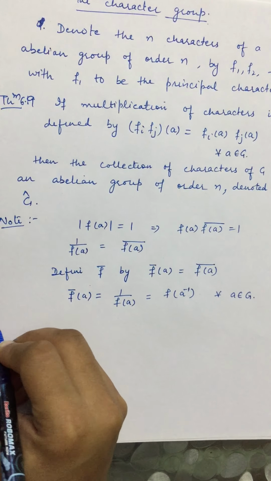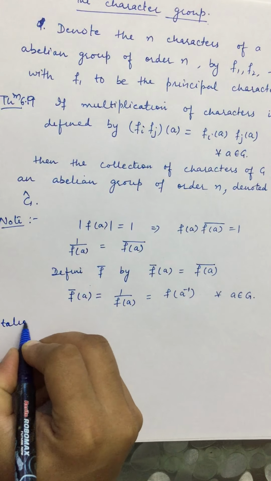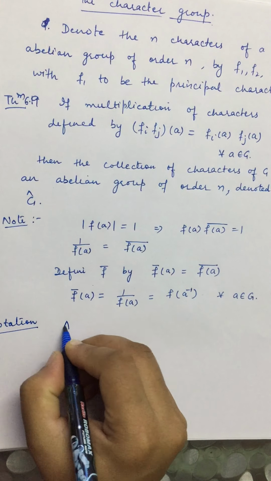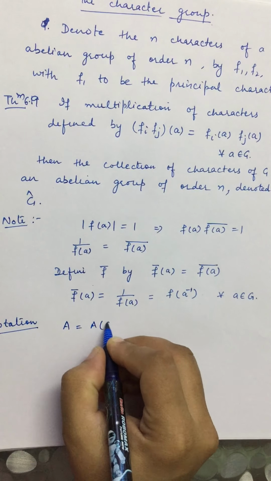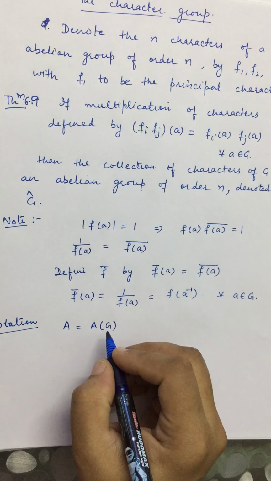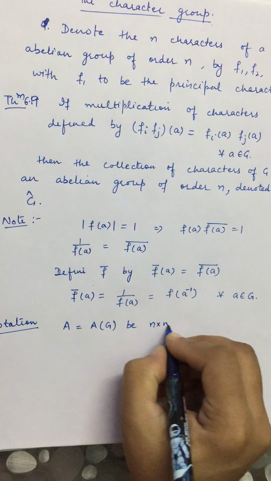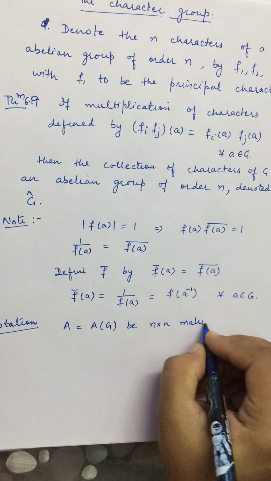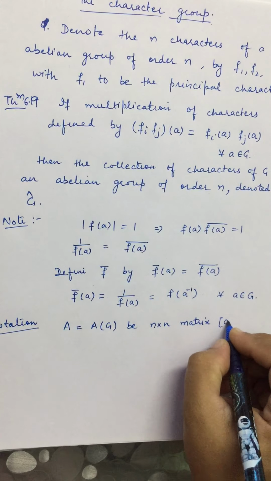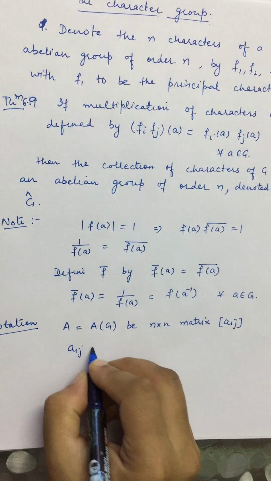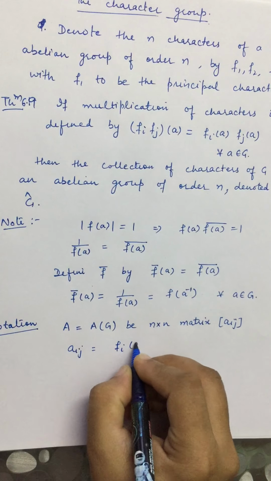And so we have a notation. We will denote by A, which is actually A of G, where G is this given group, the n by n matrix Aij, whose element Aij is defined by fi at aj.